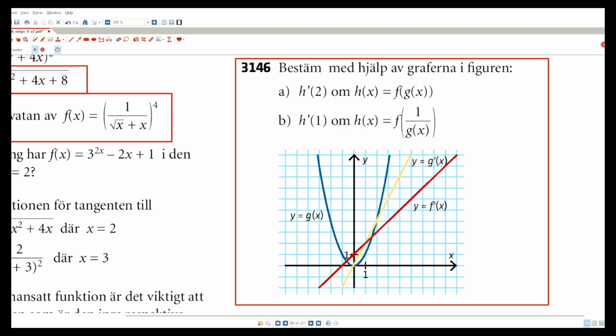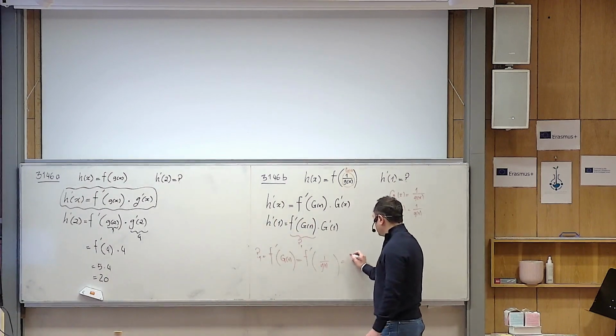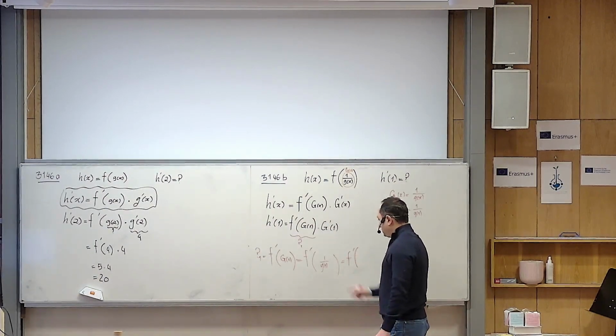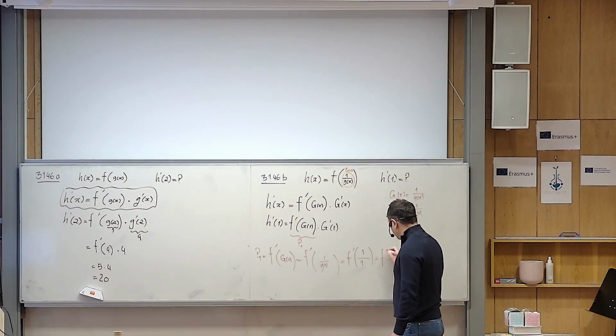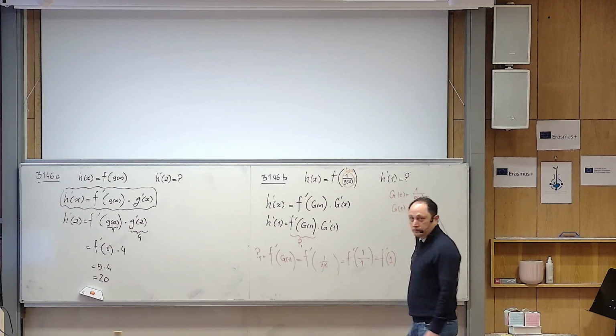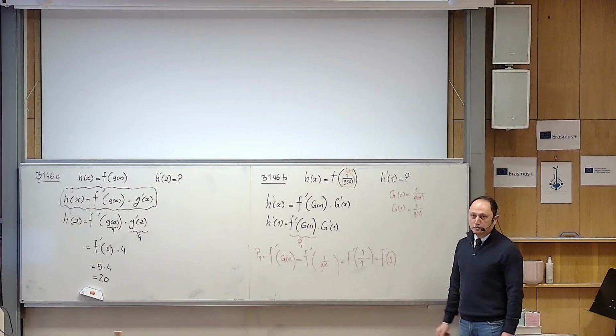So I go back to the board. f prime is still waiting. This is 1 over, what did I find? 1. But everyone knows 1 over 1 is 1. Okay? And now I need to find f prime of 1.